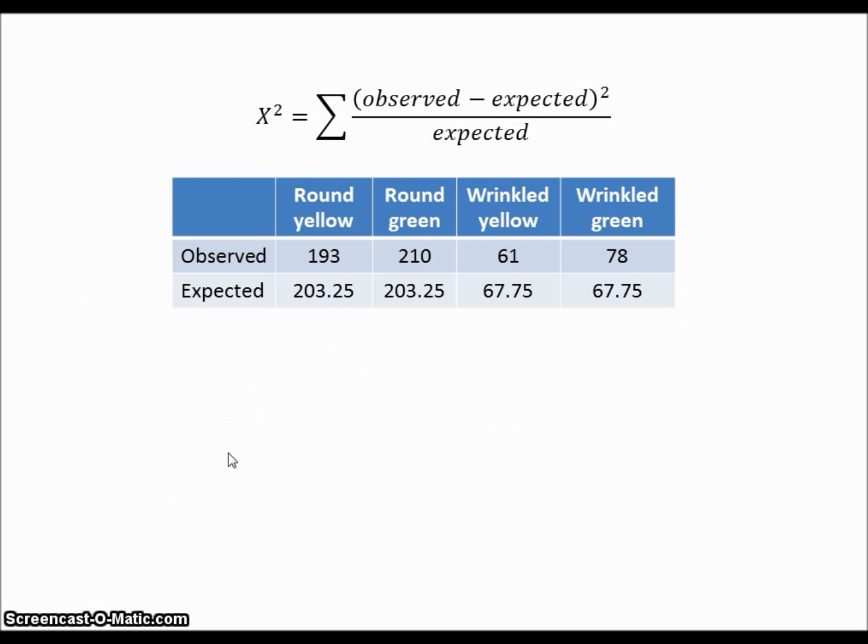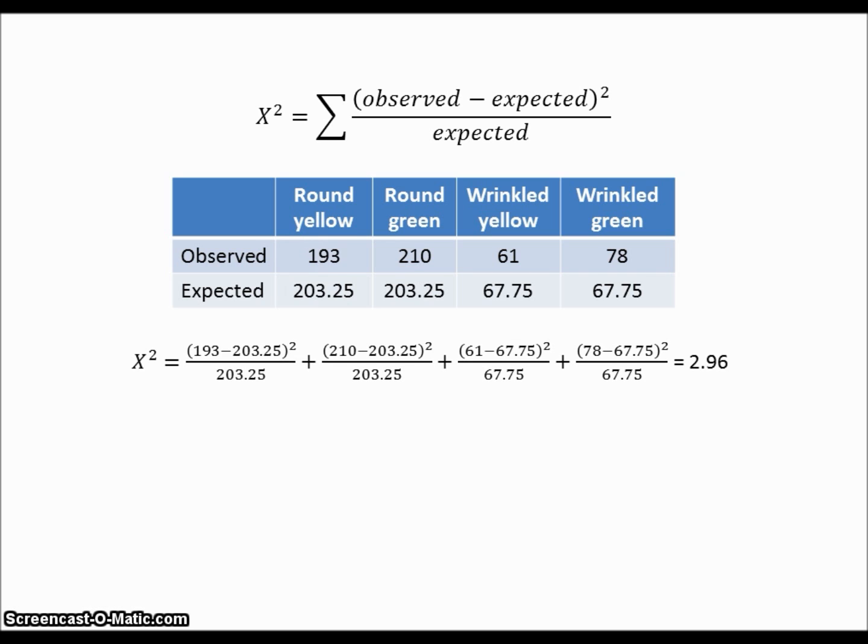And so what this looks like is, let's say we have a handy-dandy table of our categories and our number of observed counts in each of our categories, as well as the number that we expected to find given our hypothesis. So we plug those into the equation. We're going to do observed minus expected squared divided by expected, and then add those across the different categories. And our total chi-squared value is 2.96.